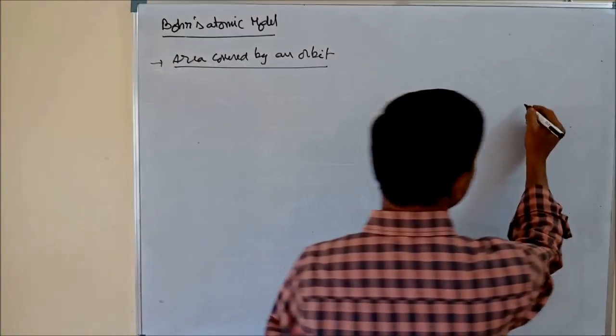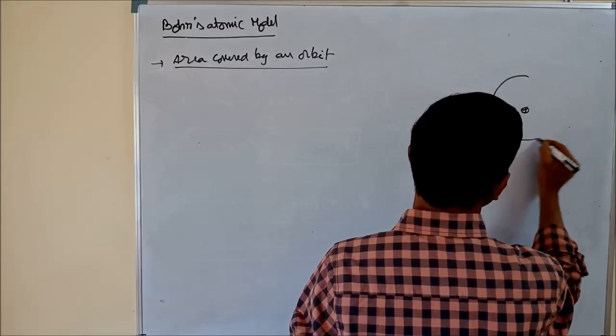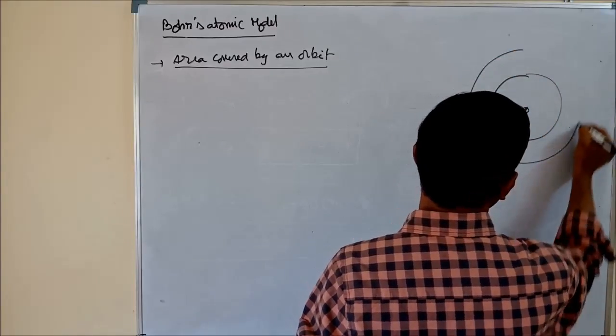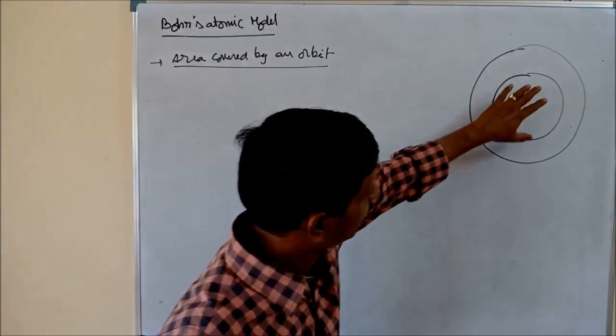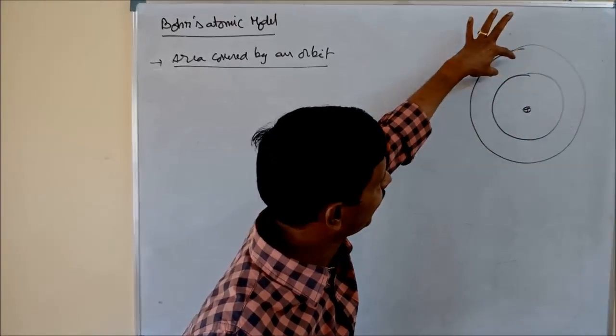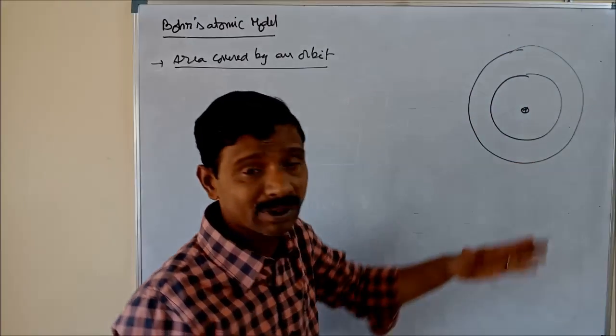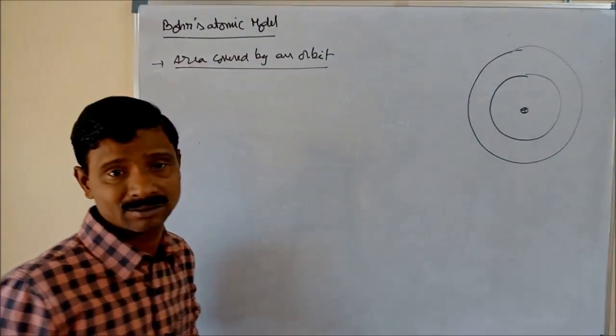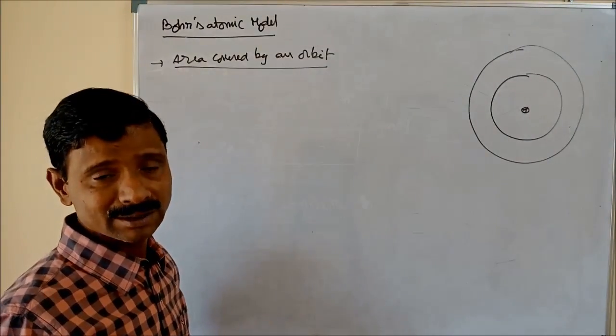This is the nucleus, imagine this is the first orbit and this is the second orbit. So what about the area covered by the first orbit? What about the area covered by the second orbit? And what about the ratio of the areas of the first and second orbit?